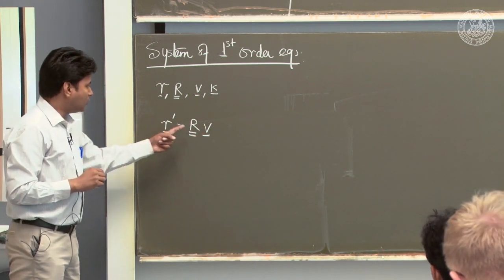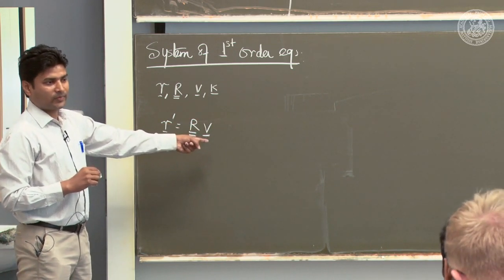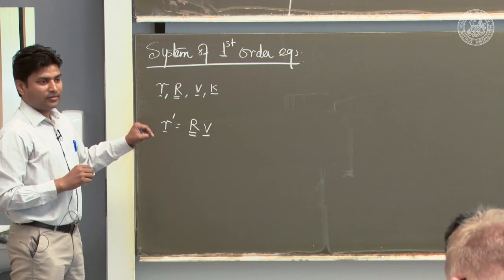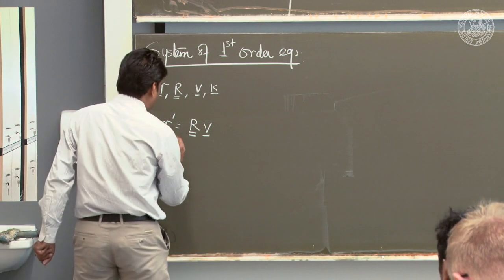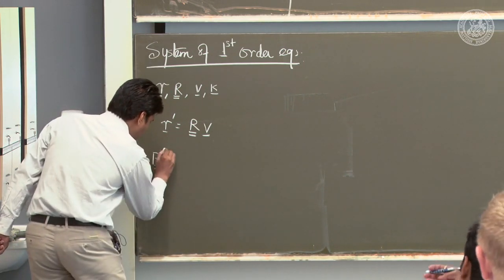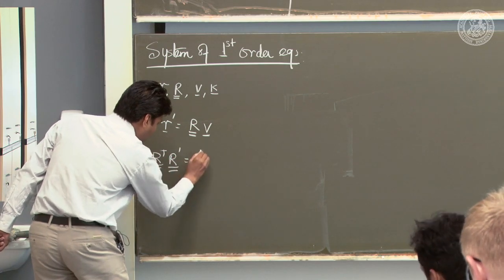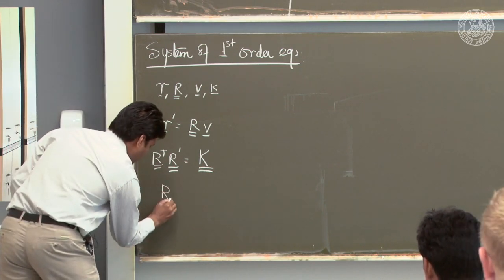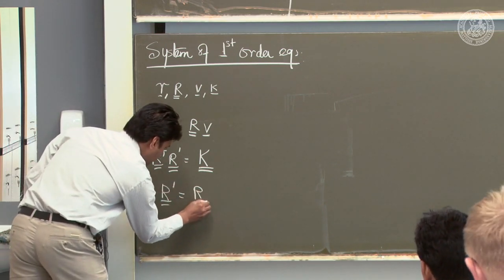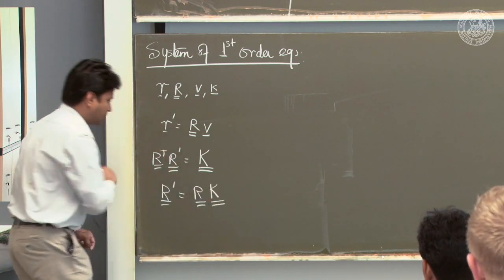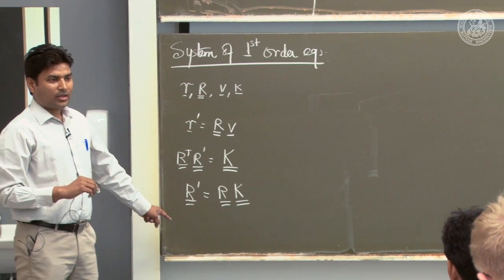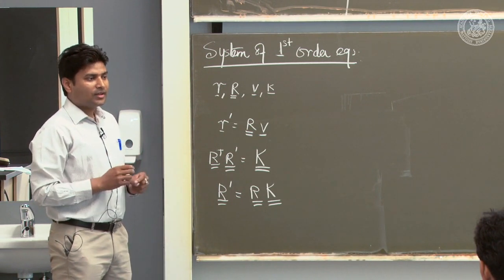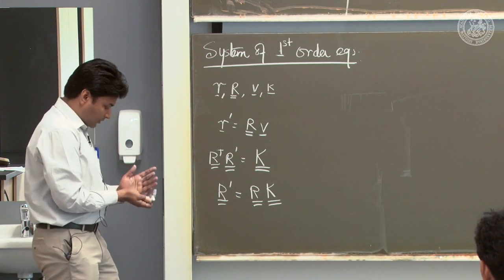So little r prime is equal to big R times V. What about the other equation? So that was big R transpose big R prime equal to K, right? So that means big R prime is equal to big R times K. But I really don't want to work with this big R. I want to work with quaternions.